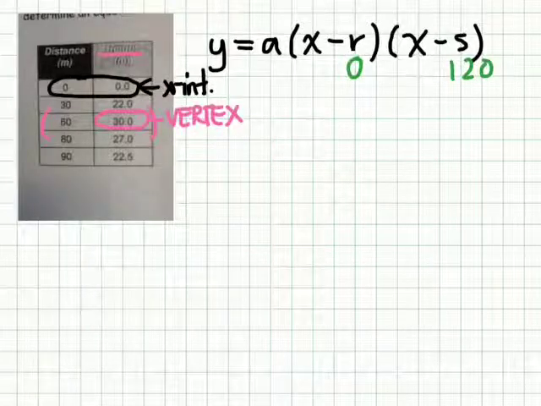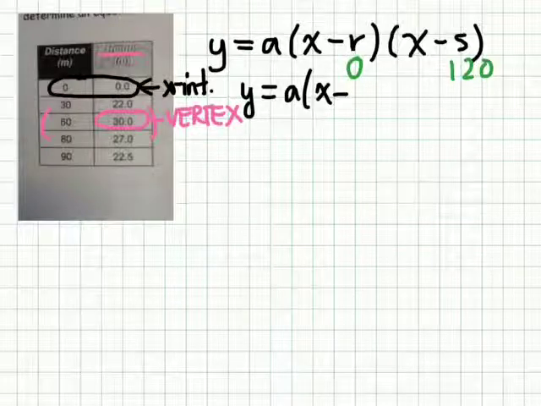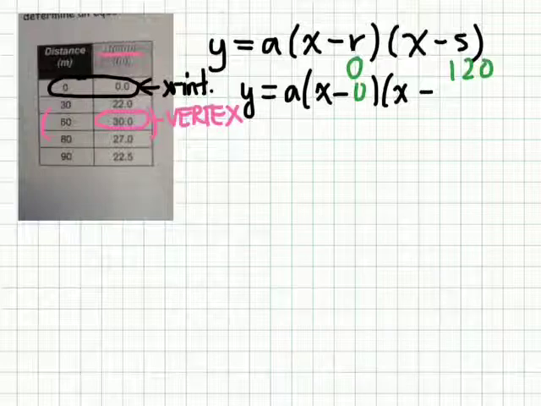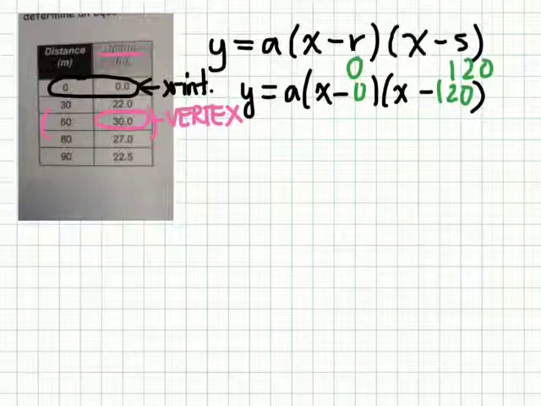So let's rewrite this as y equals a times (x minus 0) times (x minus 120). But we need to solve for a. We need to find a in order to complete our equation.